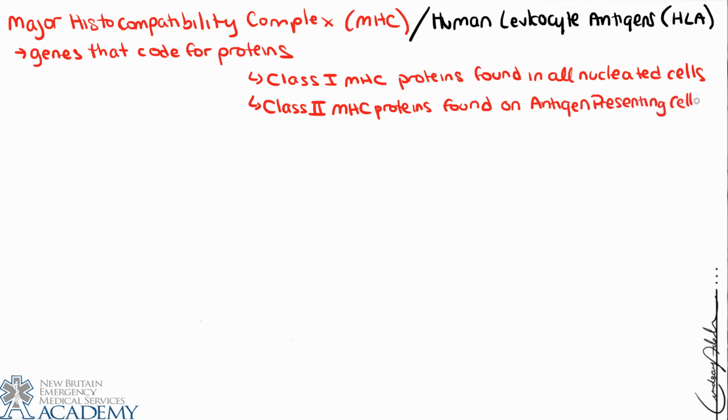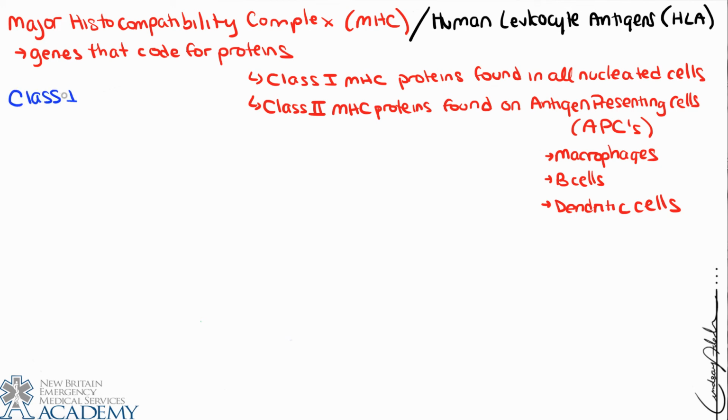So we haven't mentioned APCs before, but think of them as just sort of an umbrella term to describe cells such as macrophages, B cells, and dendritic cells. And mostly when we think about those cells, what we really want to think about is what the importance of the immune function of those cells is relative to the MHC.